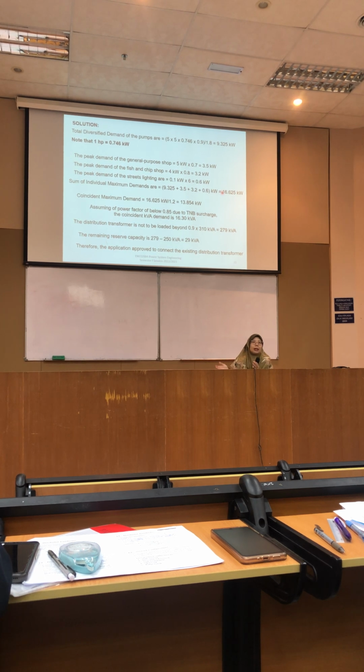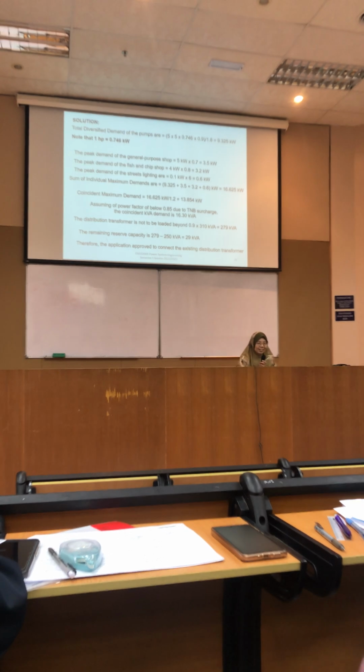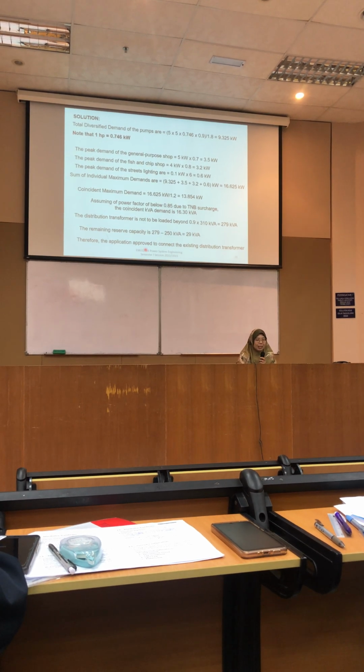If you supply to the complex, 250 plus 16, how many? 266, right? So it's still below the maximum capacity of the transformer, which is 279. Application approved to connect to the existing distribution transformer.